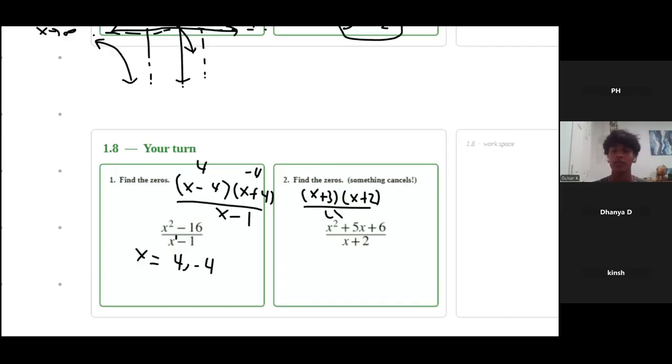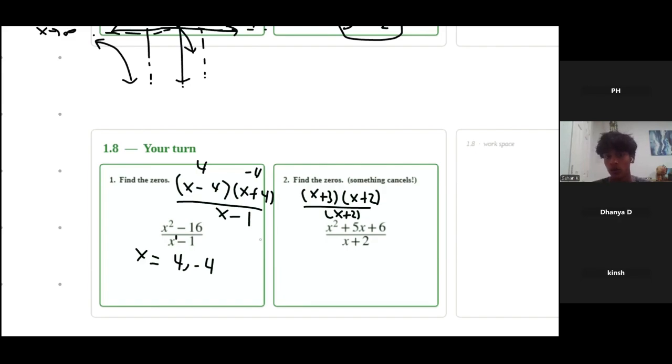Now something interesting happens. There's an x plus 2 and an x plus 2 on both the top and bottom, right? When there's something on both the top and bottom, they would cancel out. So it's going to create what's called a hole.